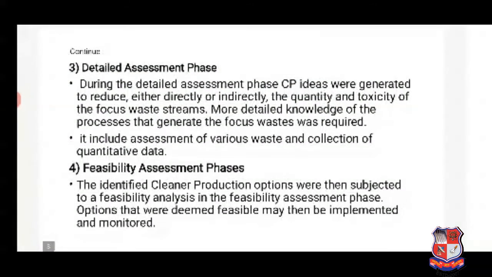The third stage is the detailed assessment phase. During the detailed assessment phase, cleaner production ideas are generated to reduce, either directly or indirectly, the quantity and toxicity of focus waste streams. More detailed knowledge of the process that generates the focus waste is required. It includes assessment of various wastes and collection of quantitative data.